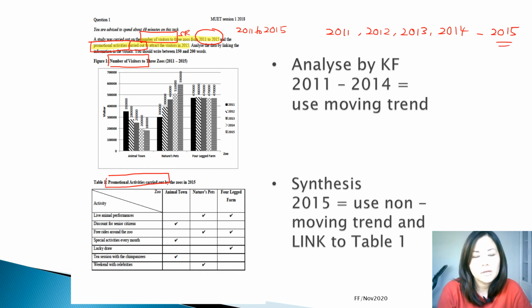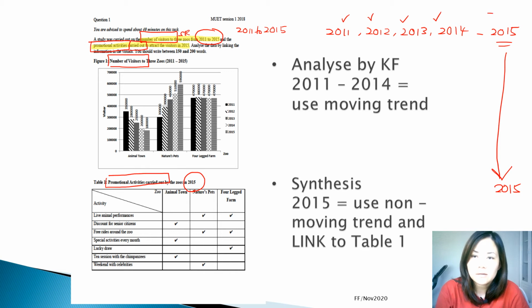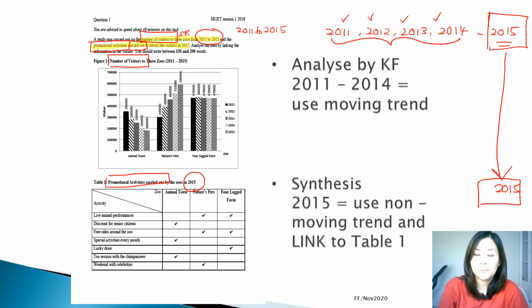Okay, so if figure 1 has the information for other years, which was not mentioned in the table, and the table only gives you information for 2015, so what you do, ladies and gentlemen, is you can only link the same year to the table. So whatever comes before that year, you cannot link to the table.